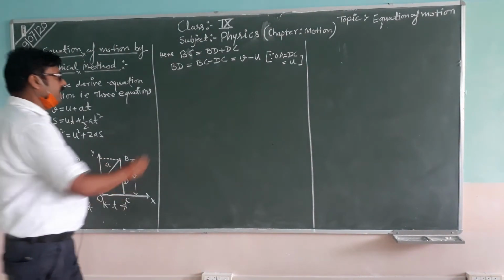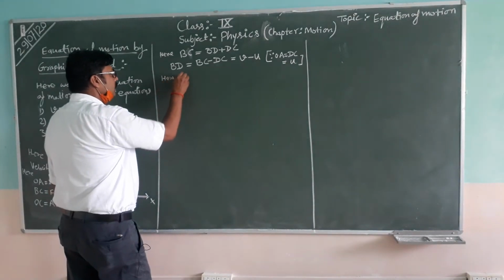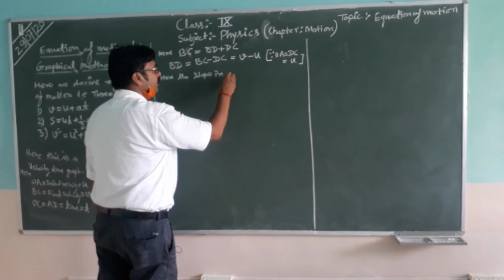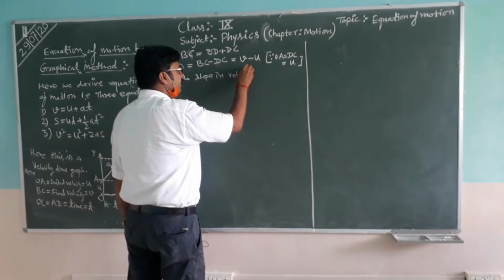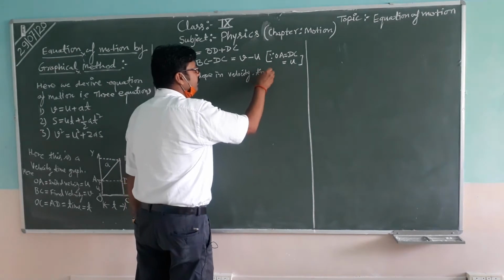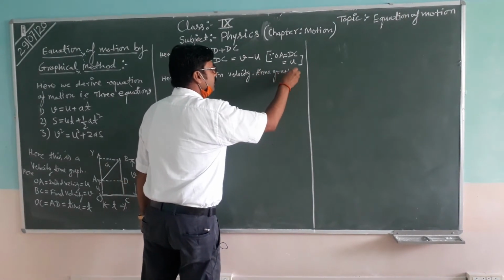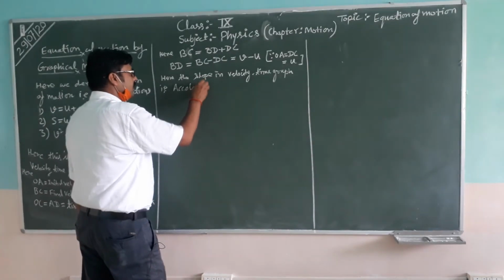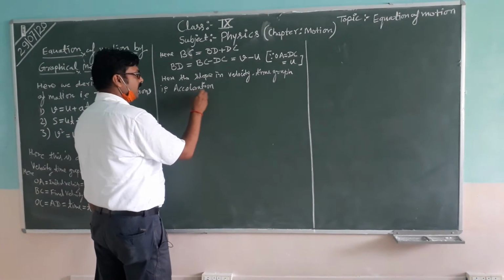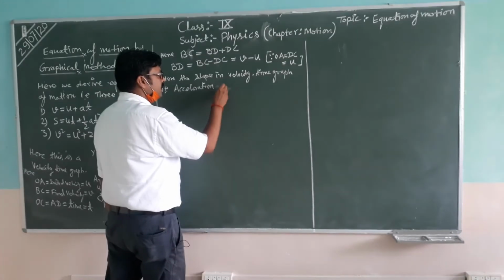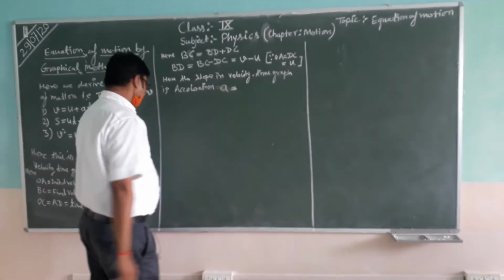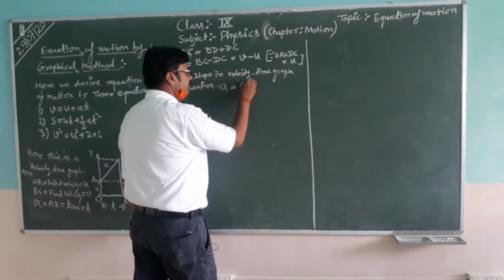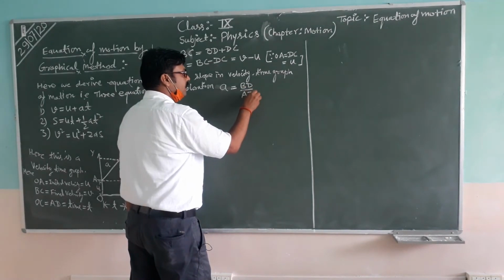What is the slope? In a velocity time graph the slope is acceleration. The acceleration a equals the slope BD by AD.